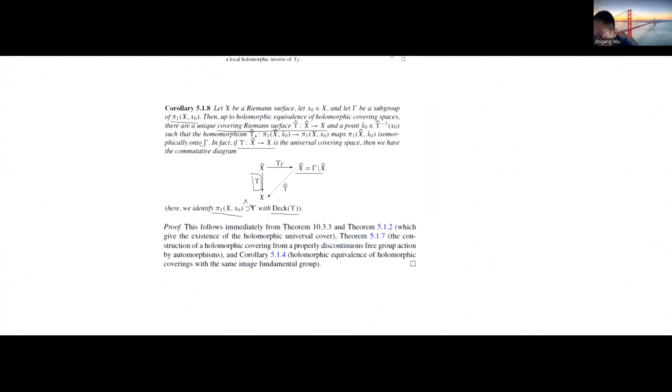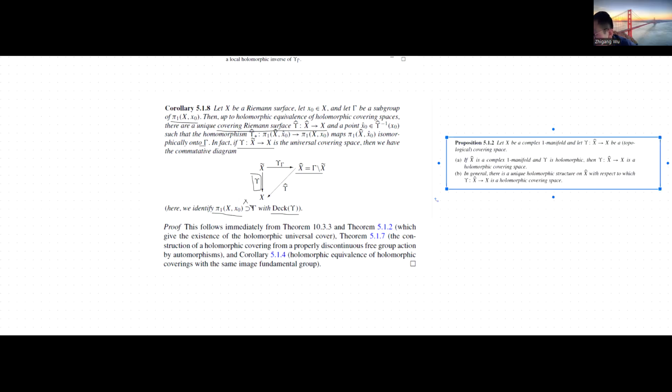This is theorem 10.5.2. If we have gamma hat as a topological covering map, then there is a unique holomorphic structure on this covering space.